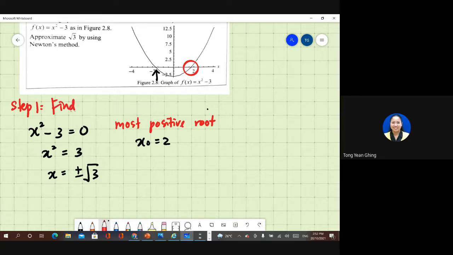Find the x0. Tapi we have to make sure that this one fulfills the intermediate value theorem.